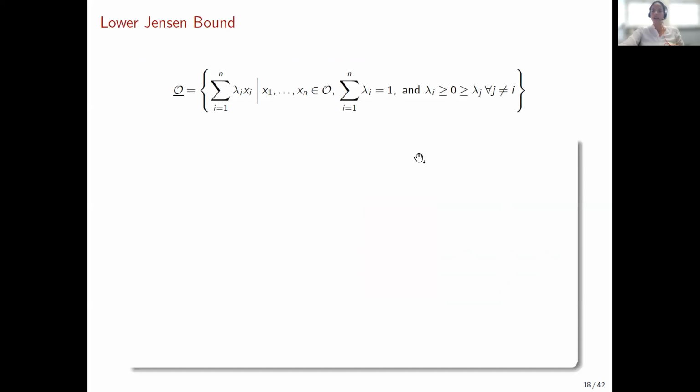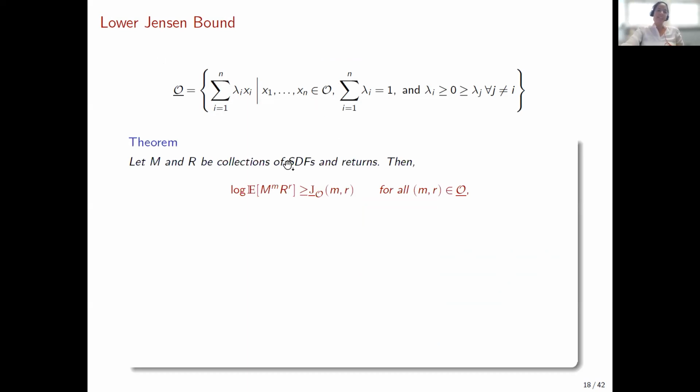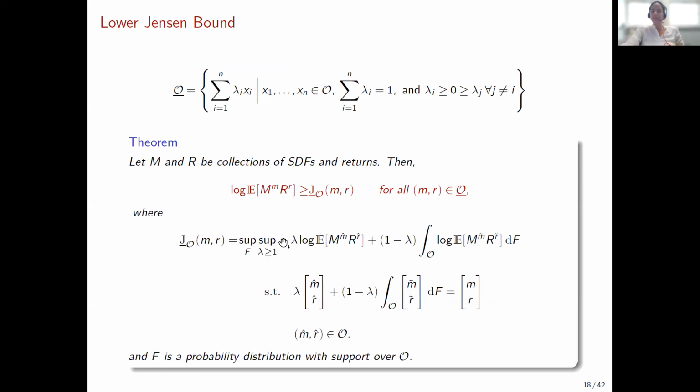We can also derive a lower bound, as in the case of the Hansen-Jagannathan bound. So in this case, we are going to define an O lower bar, which implies that there exist convex combinations of points X and O that fall within O. And in this case, we can derive a lower bound on the cumulant generating function, where again, this lower bound J lower bar is going to solve this optimization problem here.